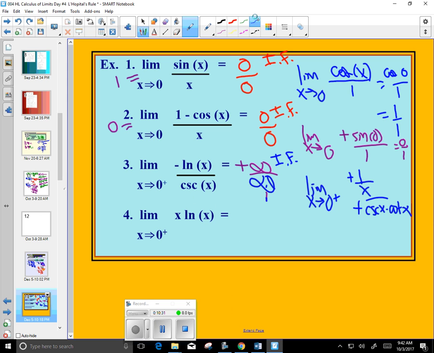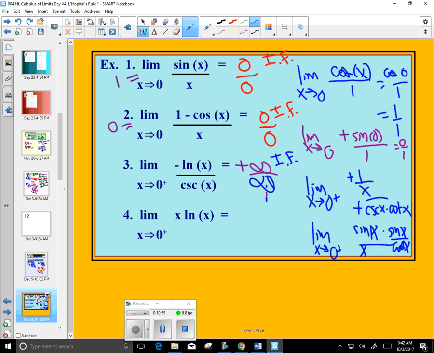All right, now, we're going to put a 0 in here, but we've got a little bit of rearranging to do. I have 1 over x. Cosecant is 1 over the sine of x. And the cotangent is 1 over the tangent of x. So the tangent of x is sine x over cosine x.